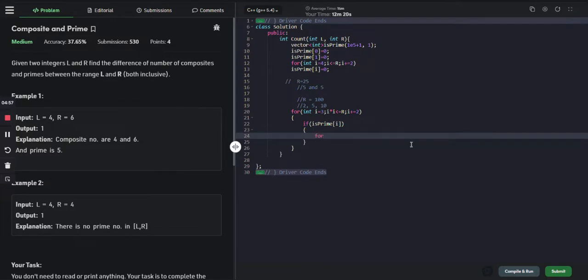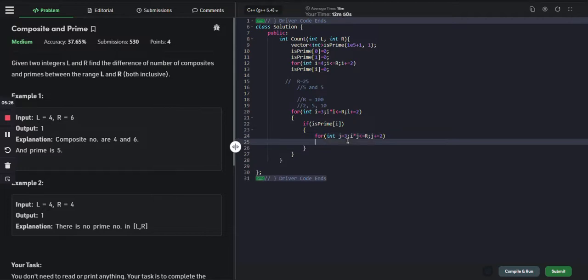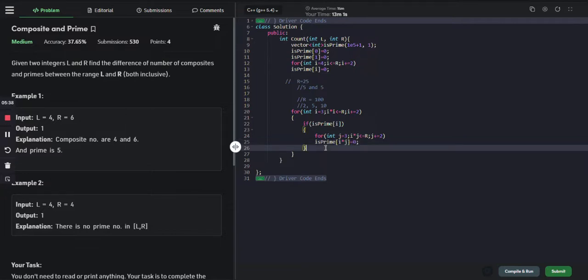So we can start with int j equals 2, and we need to do this until i into j is less than or equal to R. In fact this j should start from 3 because all the even numbers have been marked, so j plus equals 2, and we need to mark isPrime of i into j as false, right?